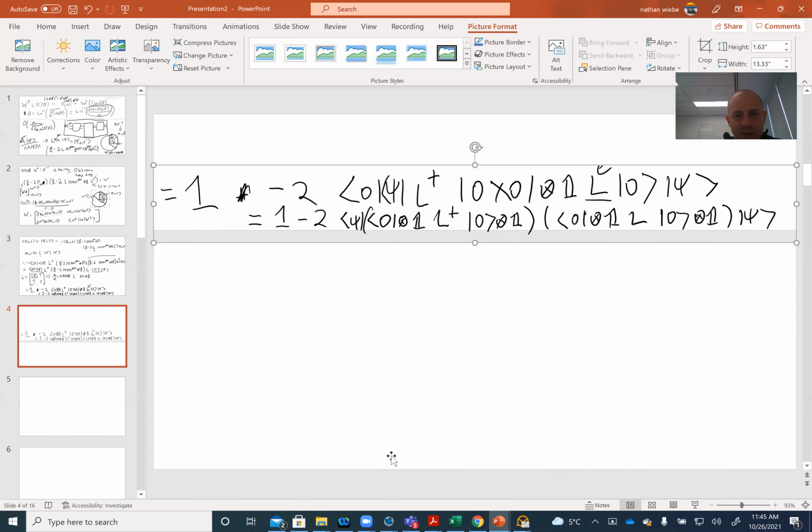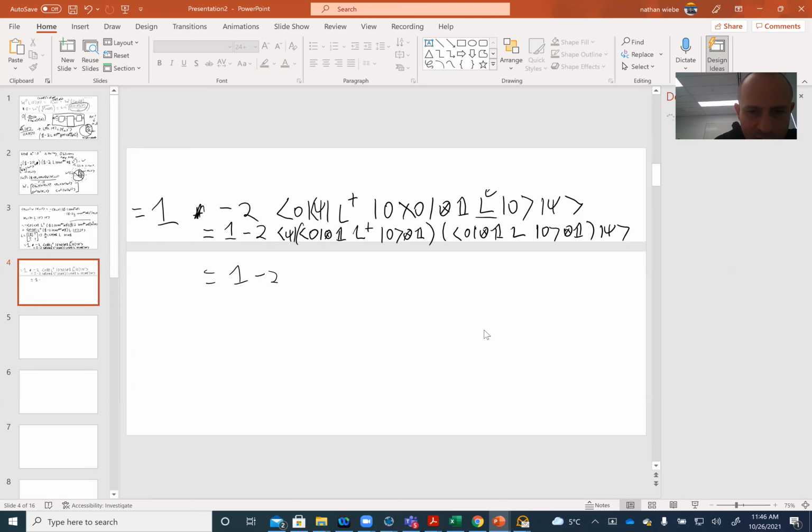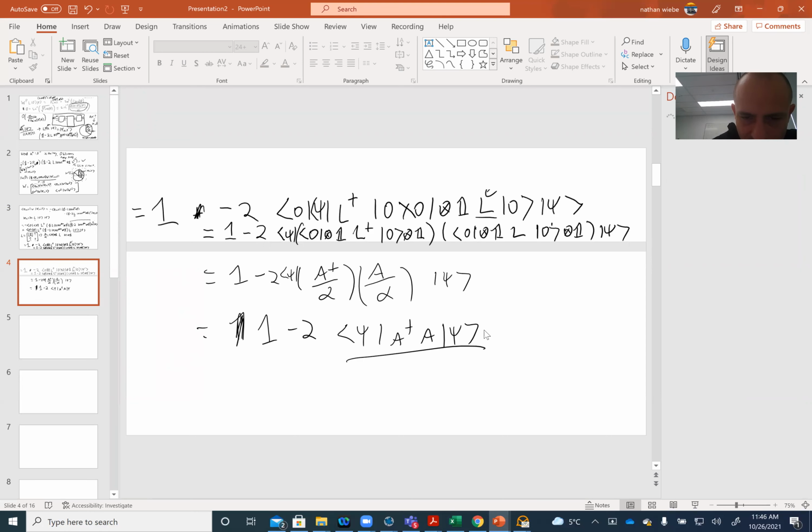We simplify it by taking this to be equal to 1 minus twice A dagger over alpha, psi, A over alpha from the second one, psi. This is equal to 1 minus 2 psi A dagger A psi over alpha squared.